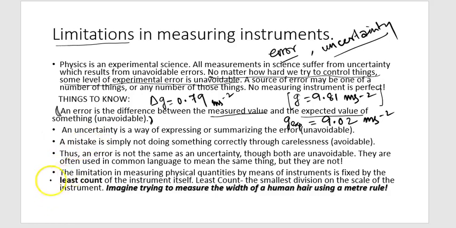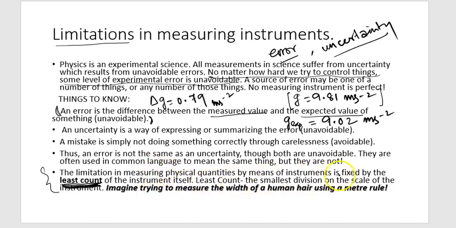Okay, in most instruments, the limitation of measuring physical quantities by means of instruments is fixed by the least count of the instrument. So this is what fixes the sophistication, the level of precision with which the instrument would be able to give me measured values.